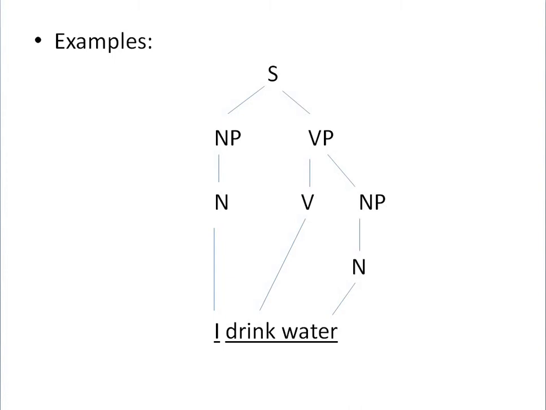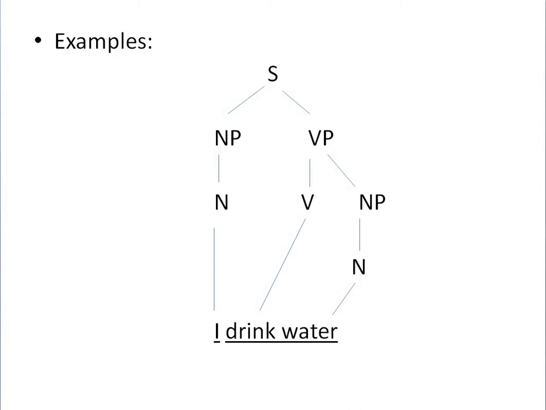No matter how long it goes, from the very first verb in a sentence, the verb phrase starts. So here drink is a verb, so we can say that drink water is a verb phrase. Left behind is I, that is a noun, so we can say it's a noun phrase. We have divided the sentence into two branches, a noun phrase and a verb phrase.